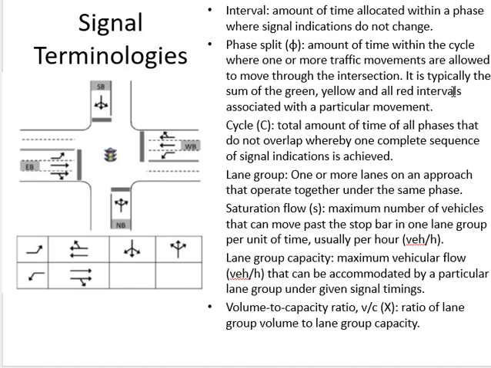I have a phase for this movement and a phase for this movement. If this one has green first and then this one, this is called leading sequence. And if the through movement happens first and then the turning, this is called lagging sequence.